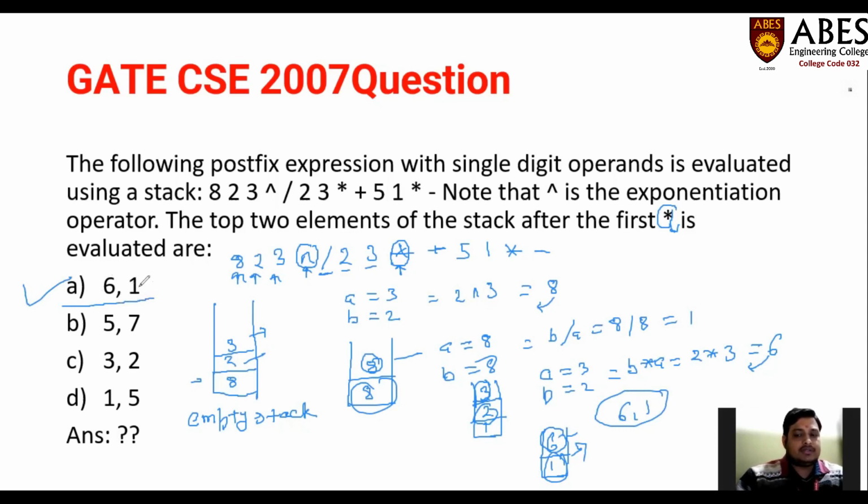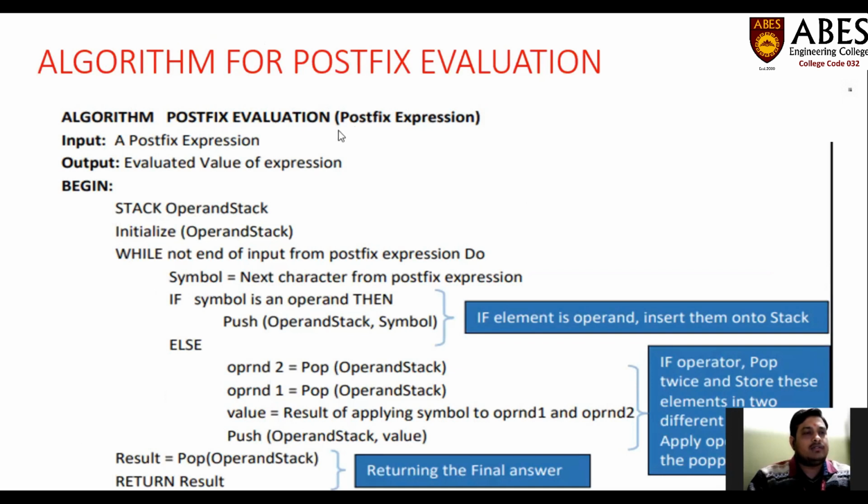To perform postfix evaluation using the stack, we are going to use an operand stack. First of all we have one operand stack, and we initialize it, and we repeat the process until we find the end of the expression, that is, the dollar symbol. For each symbol, we check whether it is an operand or an operator. If the symbol is an operand, we just push it onto the operand stack and move forward.